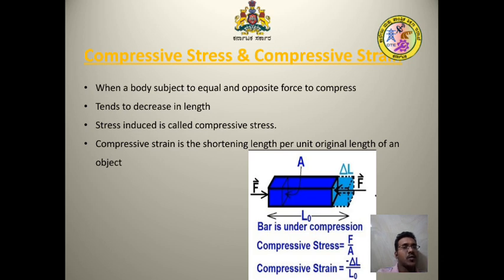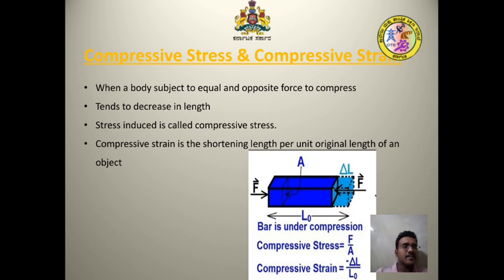When a body is subjected to equal and opposite forces to compress, its material tends to decrease in length, whereas in tensile stress it increases in length. The stress induced is called compressive stress, right friends?